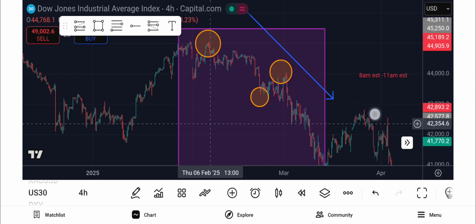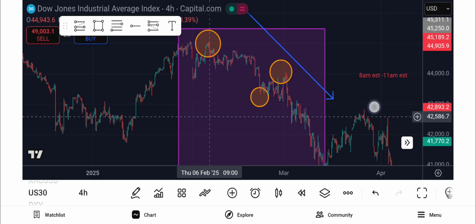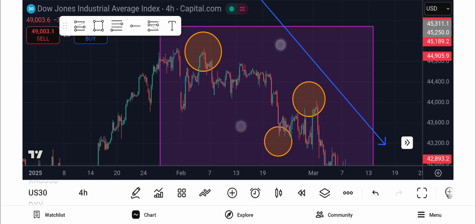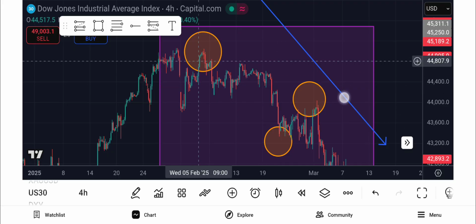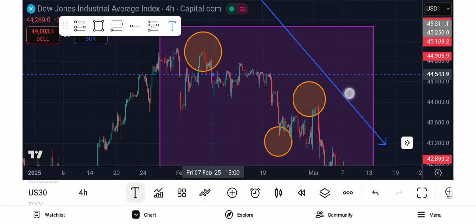Once this breaks down, you could have entered right around this fair value gap here around 9 o'clock. If you look closely, what is this? 1, 2, 3. At what time? 9 a.m. Eastern Standard Time.